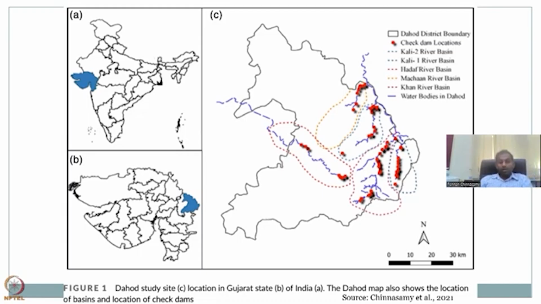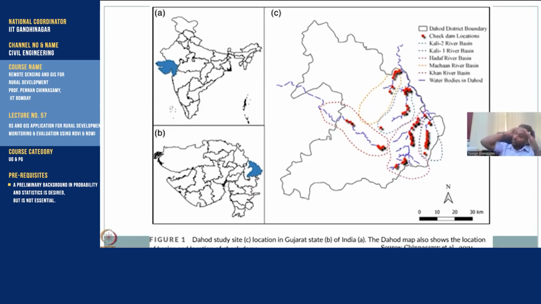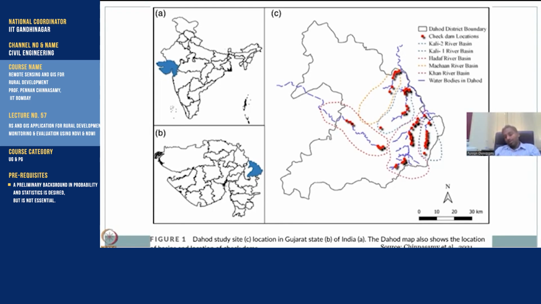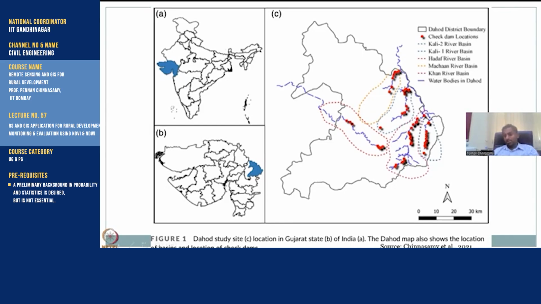So now we have a system which is blocking the water, and the water stays on top, the surface water, and then some water infiltrates, percolates into the groundwater aquifer, where most of the water is still there and gets pumped out using lift irrigation schemes to the farmlands. And most of this region is tribal region, and most of it was not under agriculture for the past 100 years.